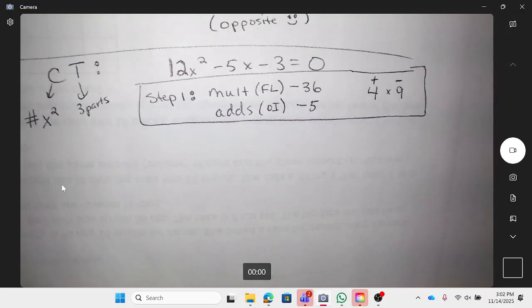Okay, so that's step 1, finding what multiplies and adds to, find that combo. Find our special combo.